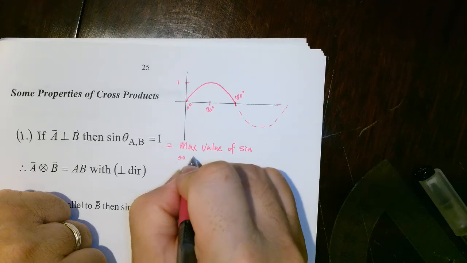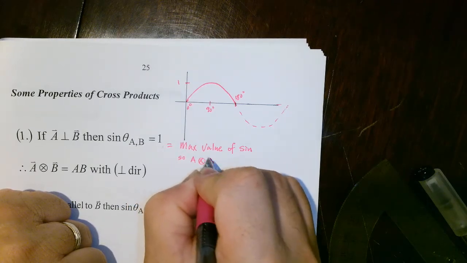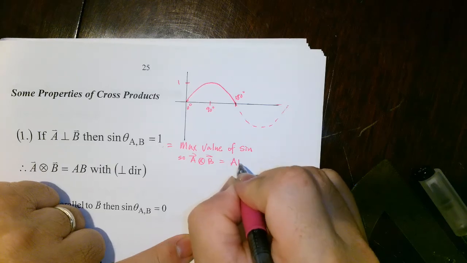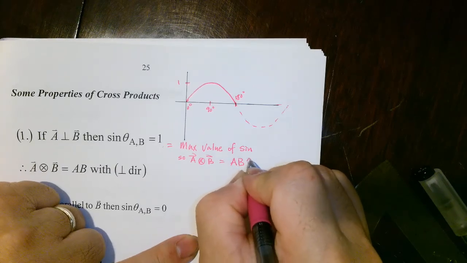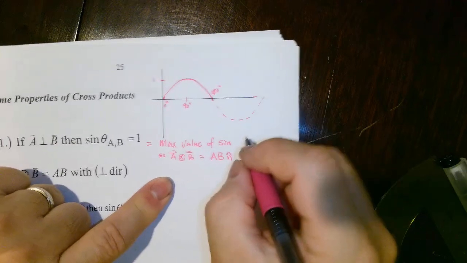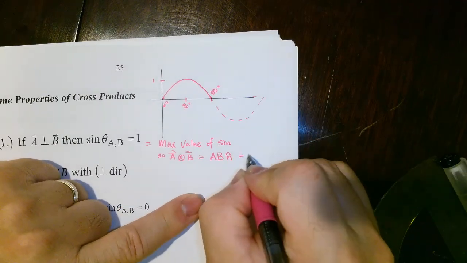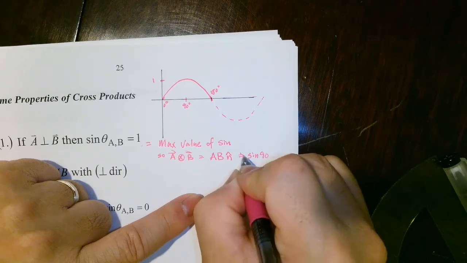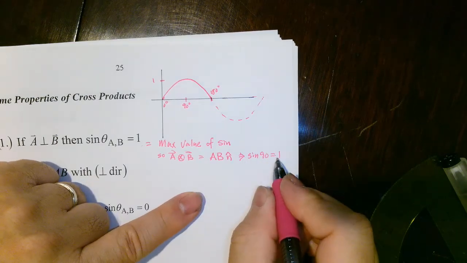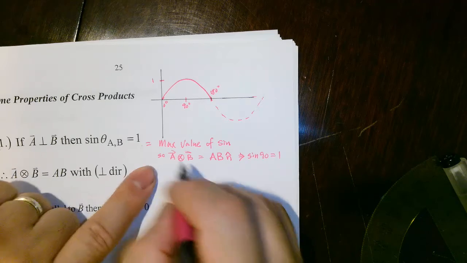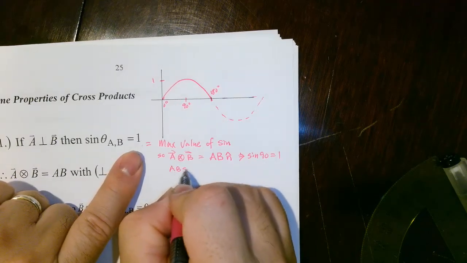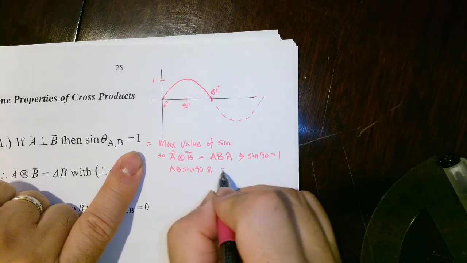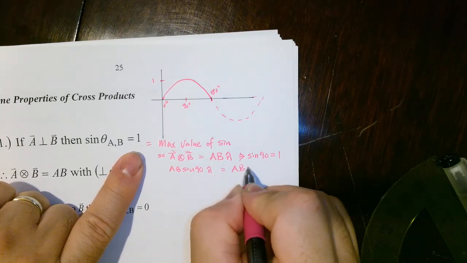So A cross B is equal to A B n hat, because sine of 90 is 1. Okay? So instead of A B sine of 90 degrees n hat, it just becomes A B n hat.